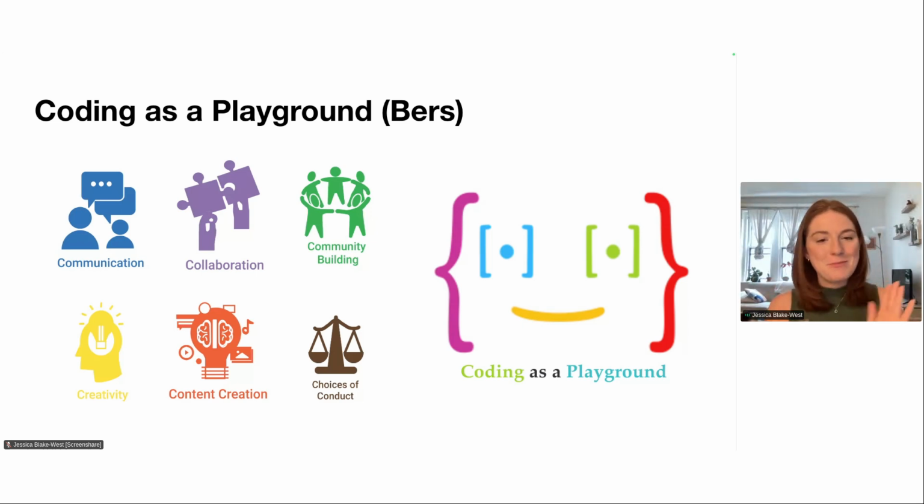You can reach out to me for more ideas on that. Community building, that goes back to sharing our projects together. Creativity, we want to give kids ample time to explore for themselves and create what they would like. Same thing goes for content creation, making their own projects.